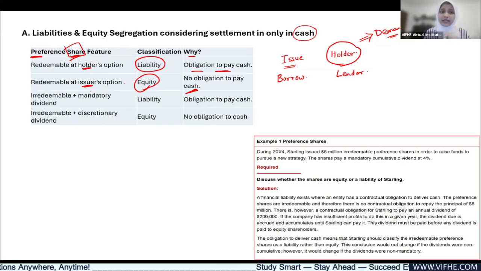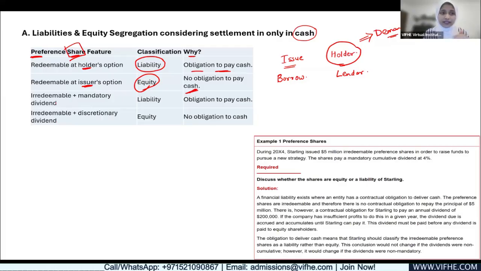The treatment can be equity even though it's redeemable, because the right is with the issuer. So go slow if there is still a gap, because the answer is in the terms: why are we doing this certain treatment?